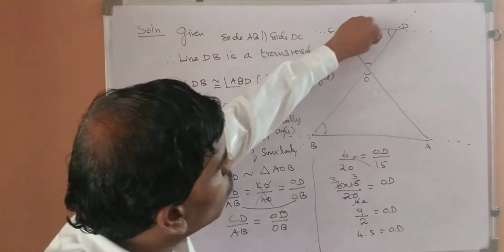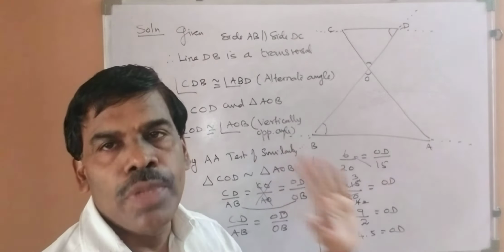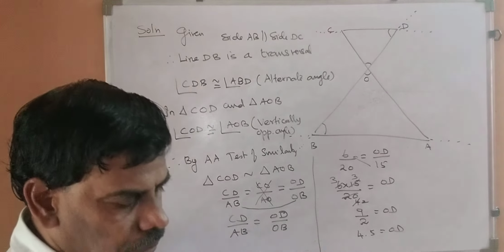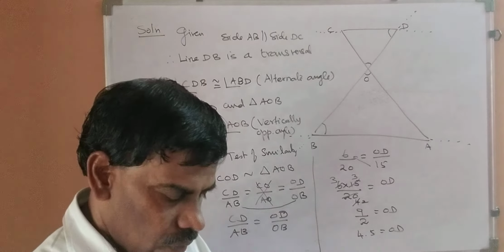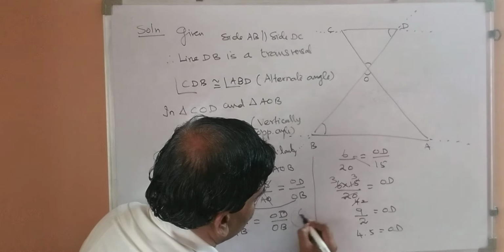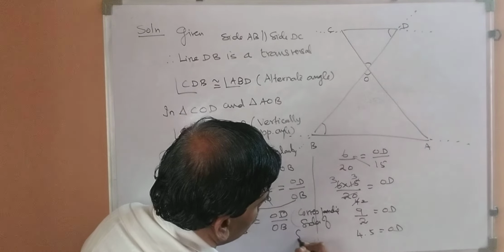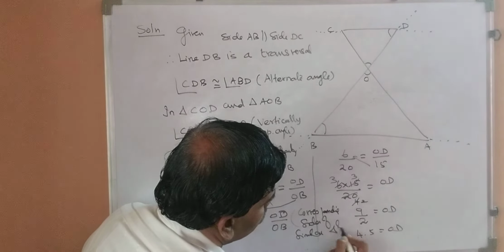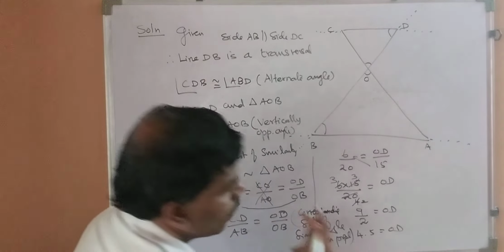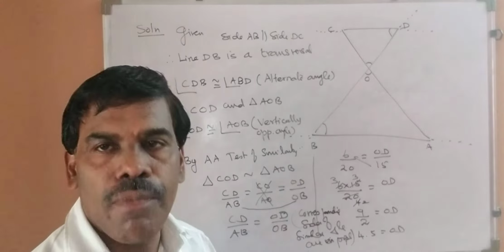Therefore, these two triangles are similar by the AA test of similarity. Once they are similar, we have to write: corresponding sides of similar triangles are in proportion. Then whatever is given, we made substitution and got the answer.